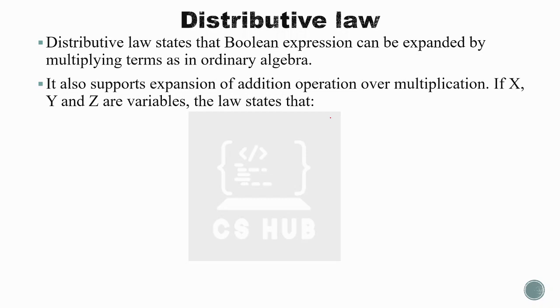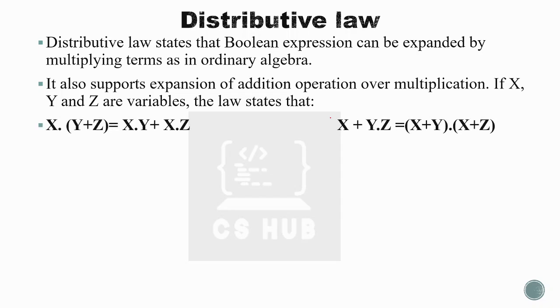If x, y and z are variables, this law states that x into (y plus z) equals x into y plus x into z. Here the multiplication is expanded. Then x plus (y into z) equals (x plus y) into (x plus z). Here the OR operation is expanded.